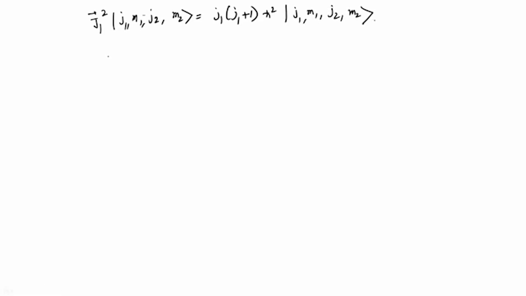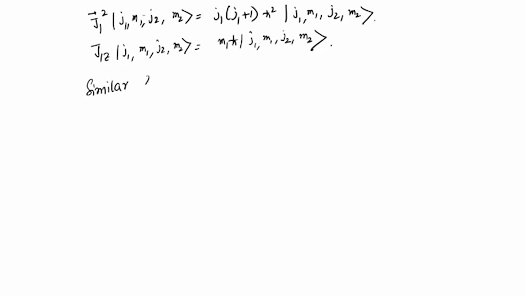Okay. And similarly for J1Z acting on this J1 M1 J2 M2, this is equal to M1 H cross times J1 M1 J2 M2. Okay. So, that is very clear, and you can write similar relations for J2 square and J2Z.